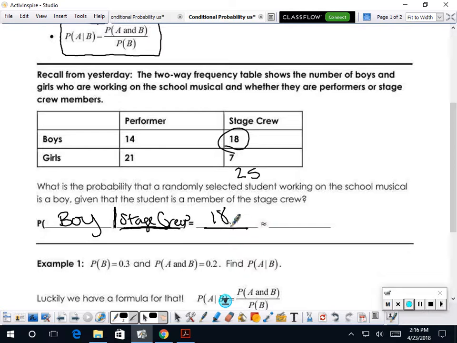So my fraction will be 18 out of 25. Alright, on Friday we left these answers as fractions, but remember that probabilities can also be written as decimals or percents. So we're going to do 18 divided by 25, and that's going to give us 0.72 as a decimal.